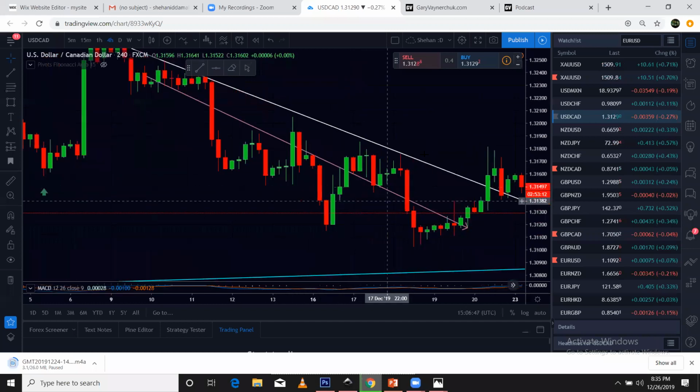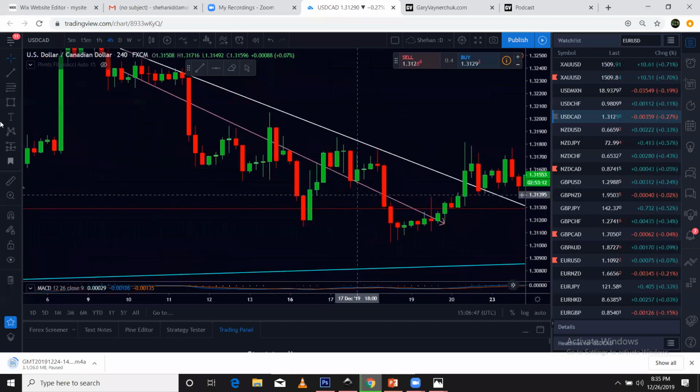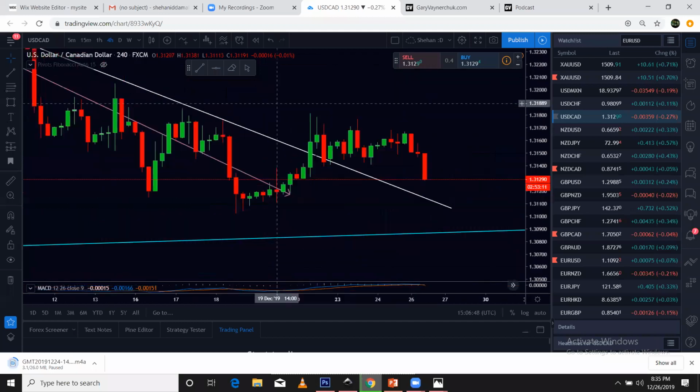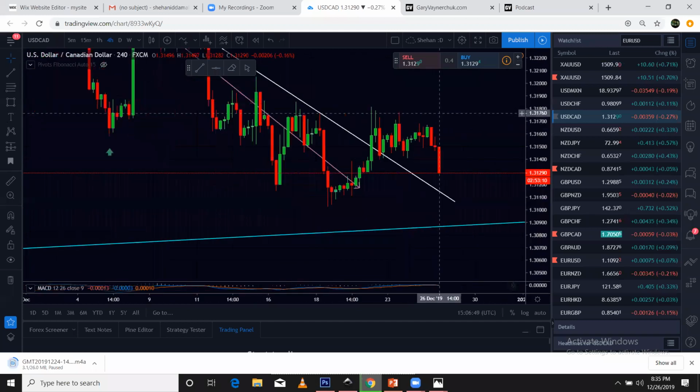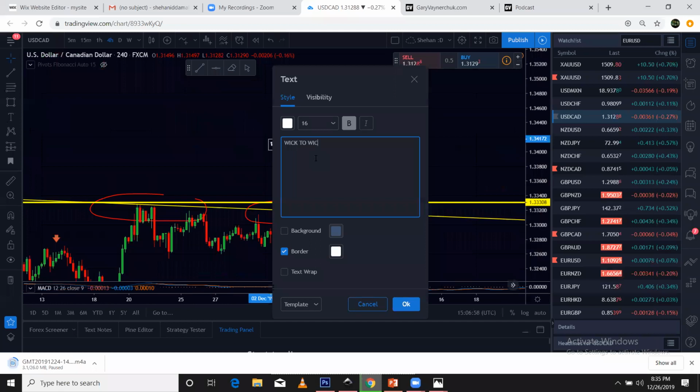So when you are drawing your trend lines, there are actually four types. You can draw your trend lines from wick to wick, or wick to body, or body to body, or body to wick.